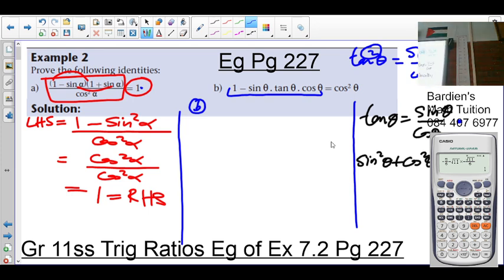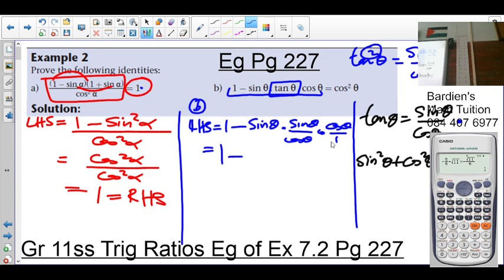Right. So what can be done here? We can change tan. So firstly this is the left hand side. Tan can be written as sine theta over cos theta times cos theta over 1 minus. What can happen here?